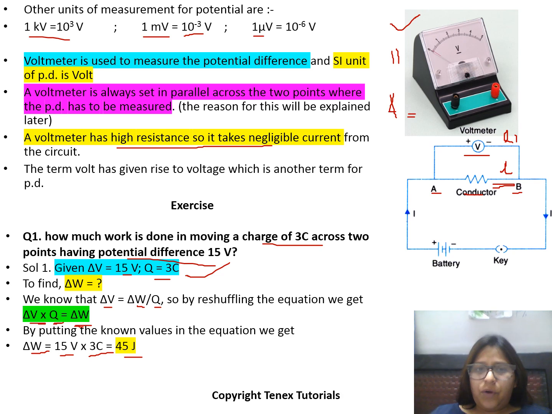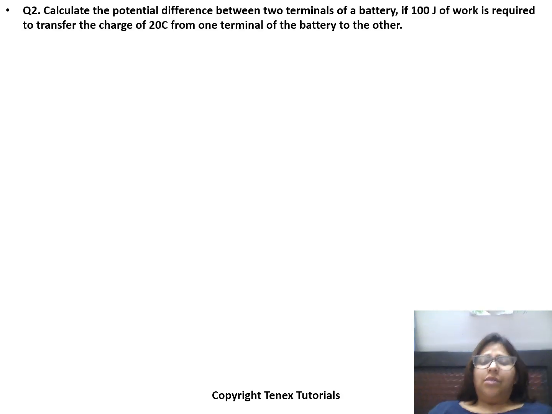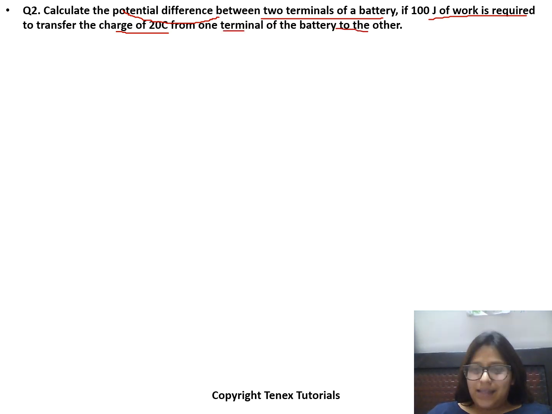Moving forward. The second question is: calculate the potential difference between two terminals of a battery, if 100 joules of work is required to transfer a charge of 20 coulomb from one terminal of the battery to the other.